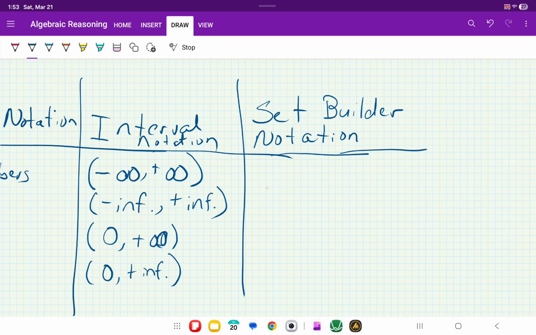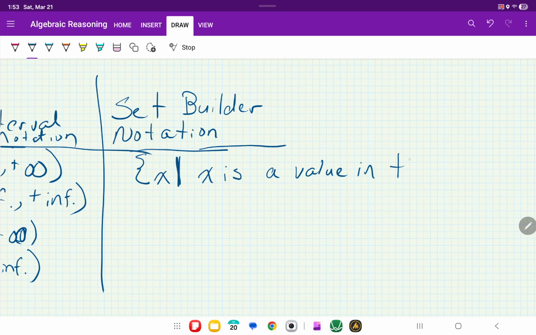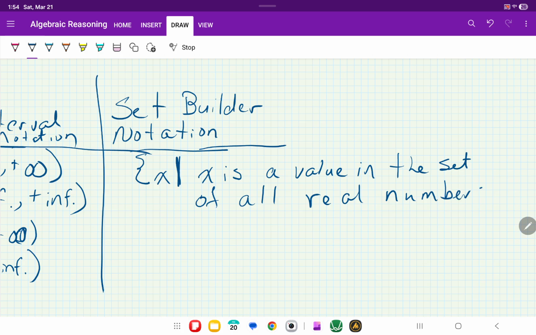So we are going to put down that our domain is the set of all real numbers, where x such that, that's what that line means, x is a value in the set of all real numbers.